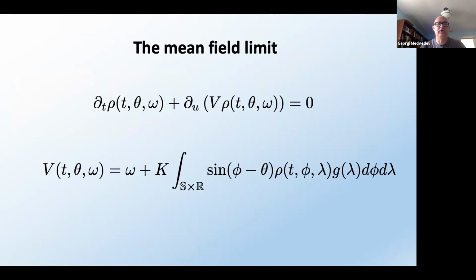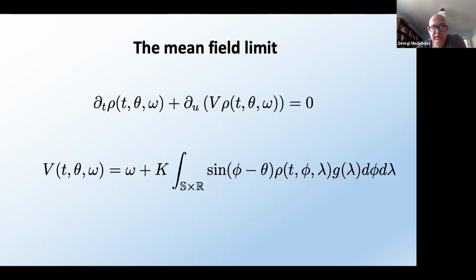So one talks about probability distributions of these phases in the limit as n tends to infinity. One can describe the evolution of these probability densities, rho, using the mean field equation, also called the Vlasov equation.